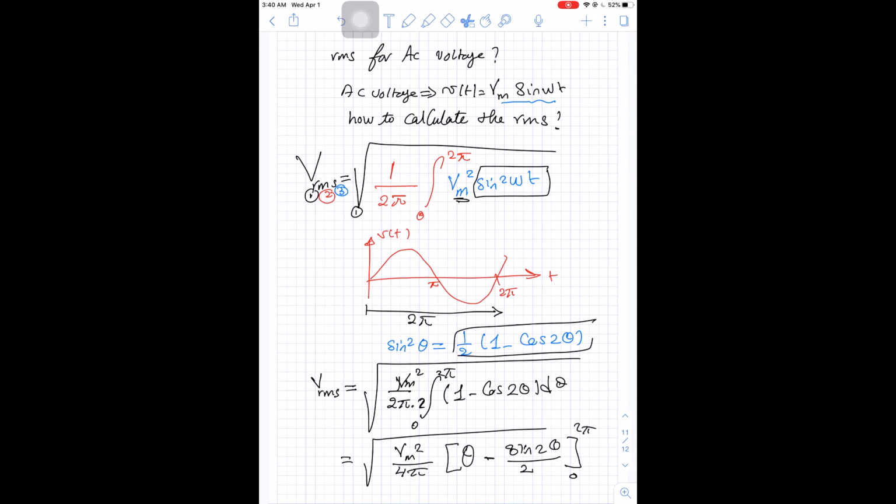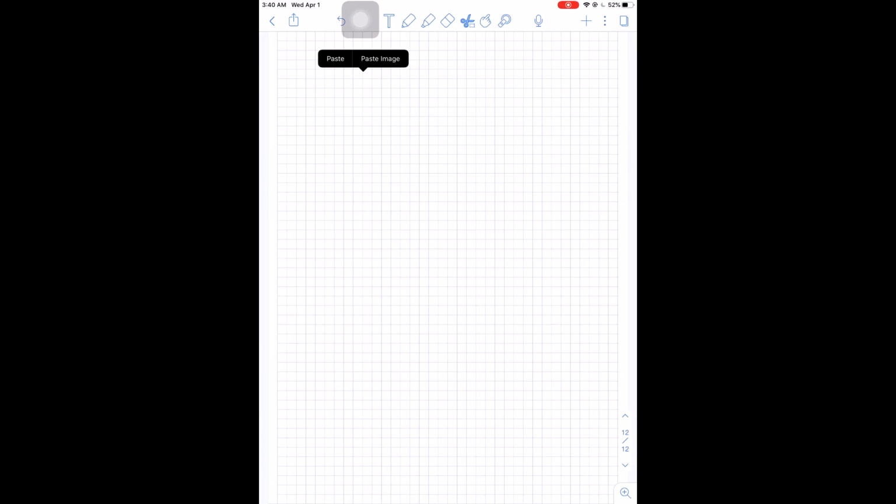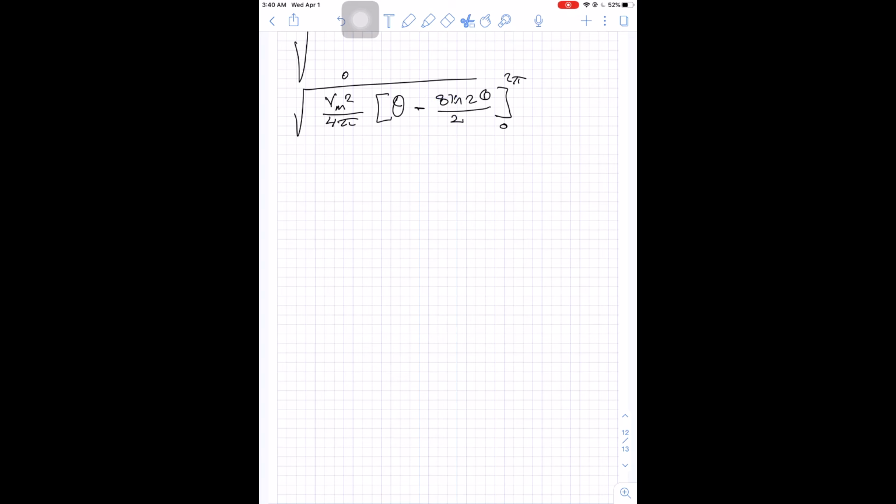Let's copy this equation here. Let's add another page. So this is what we have for V_RMS.